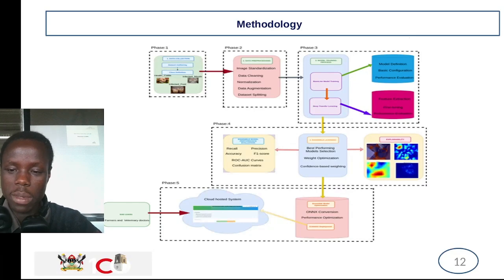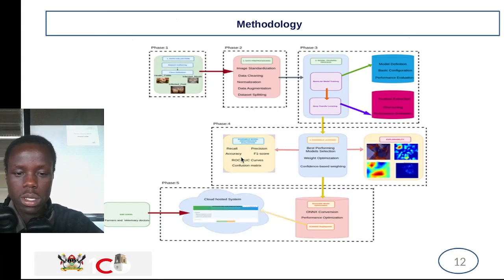Among those models we had the ResNet 50, the DenseNet 121, and the EfficientNet, and finally we evaluated those models, as you can see here, on various performance metrics: recall, precision, accuracy, and F1, and also the ROC curves to help us understand how the model performs across different thresholds, including the lowest threshold, the medium, the average, and the highest threshold.